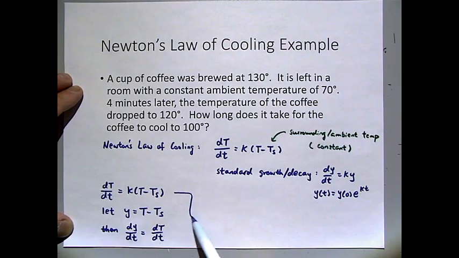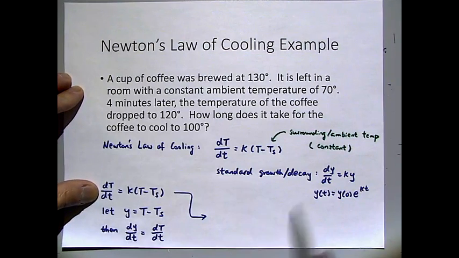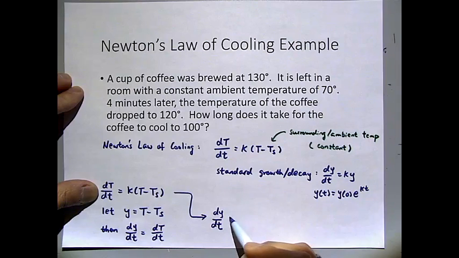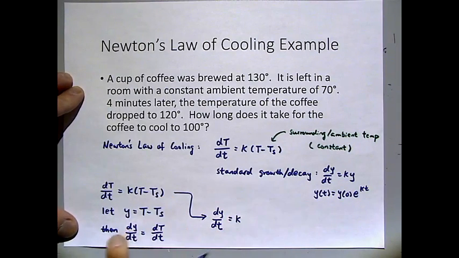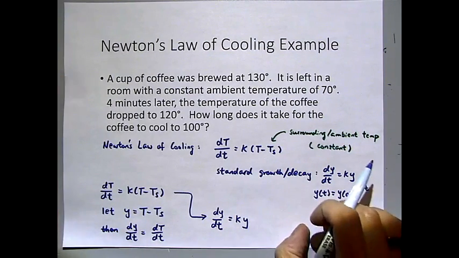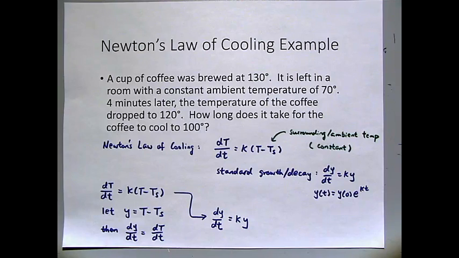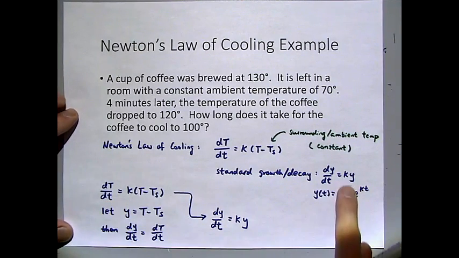This equation can be turned into dT/dt is the same as dy/dt, and the right-hand side is k times (T minus Ts), but we're calling that thing little y. Therefore, what you have done here is you turn the Newton equation into a standard growth and decay equation.